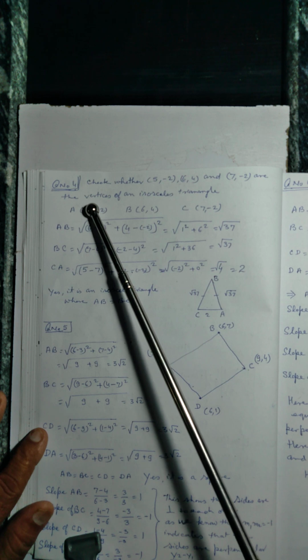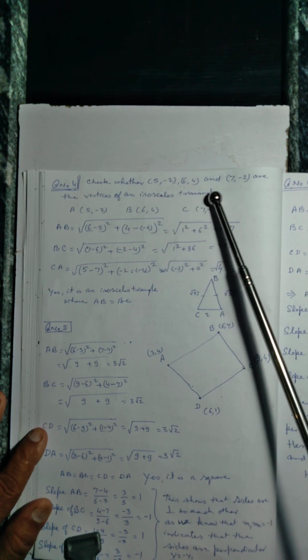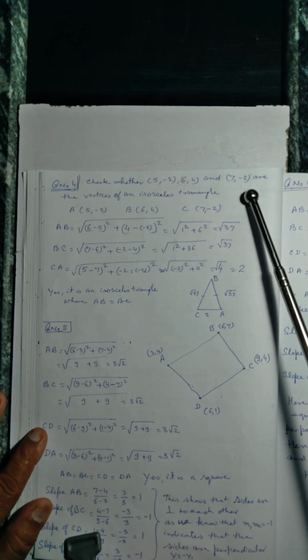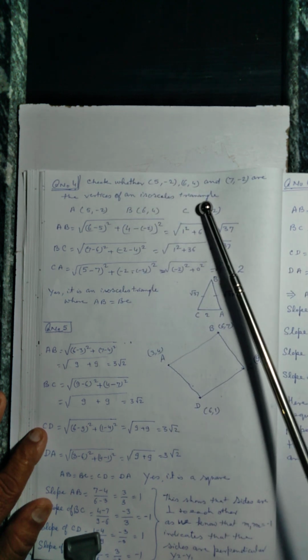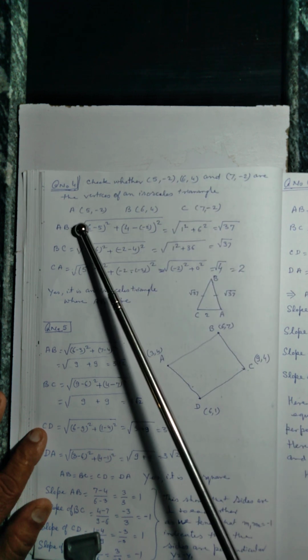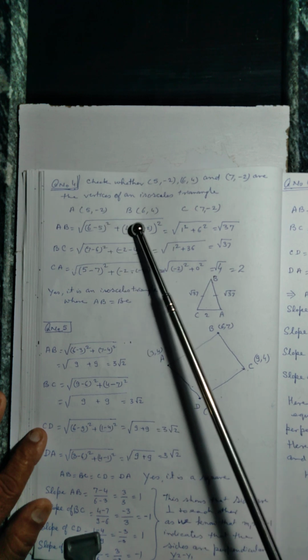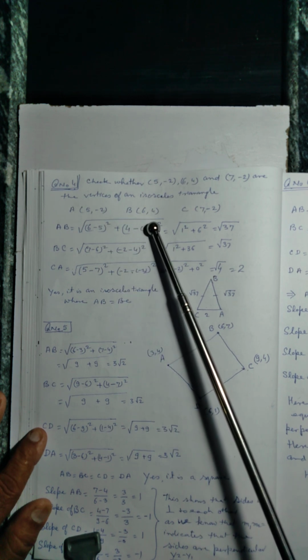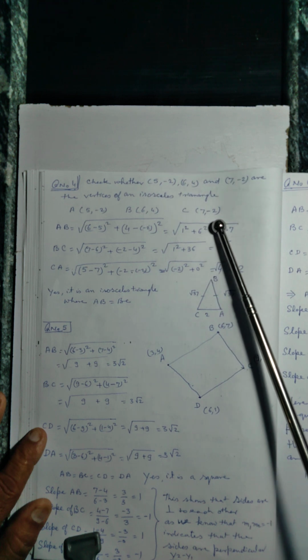Now question number 4, check whether (5, minus 2), (6, 4) and (7, minus 2) are the vertices of an isosceles triangle. Here let the point A be (5, minus 2), B be (6, 4) and C be (7, minus 2).